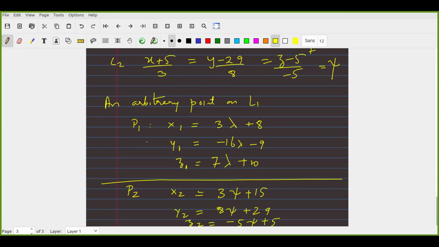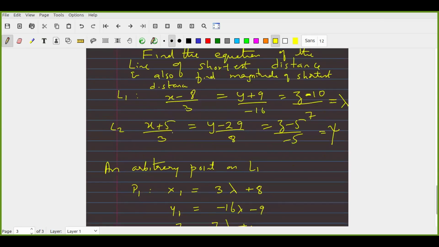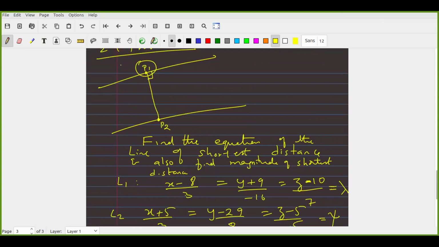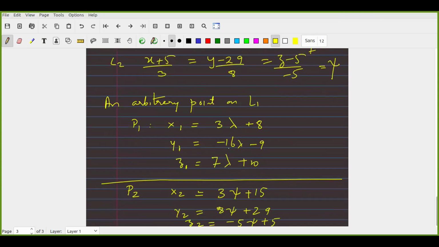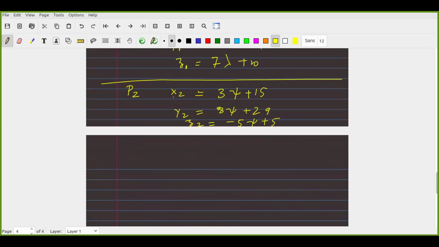Now, if we consider these two coordinates, and we know that this P1, P2 segment is perpendicular to L1 as well as L2, with this condition, we can indeed get the exact values. We will exactly point out what lambda and xi are.